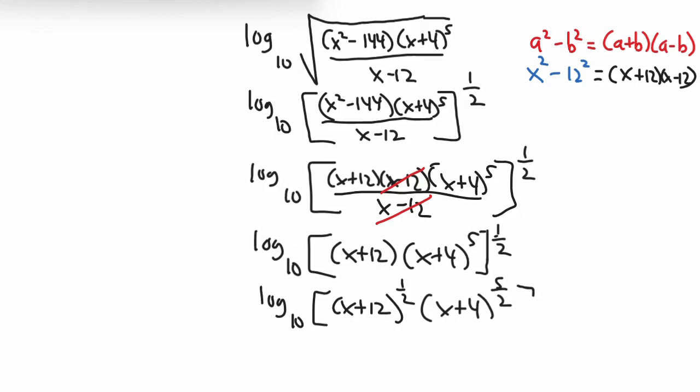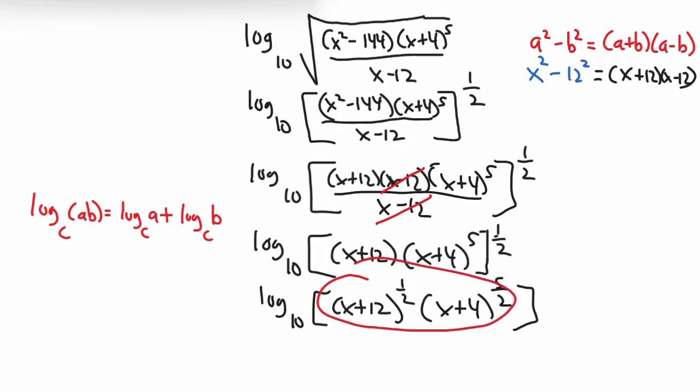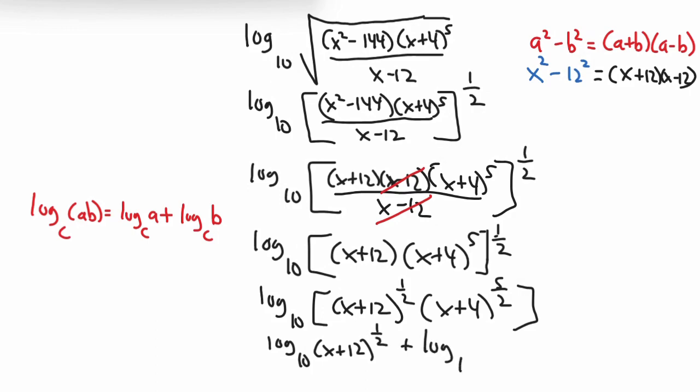So let's use that log of a product property to write that product as a sum. So we have log base 10 of x plus 12 to the 1/2 power plus log base 10 of x plus 4 to the 5/2 power. From here we can use the exponent property again.